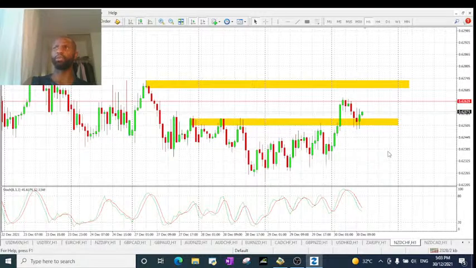Let's wait for the first 15 candle to close and see what the close is like. It looks like this thing is going to fly. Okay, let's wait.